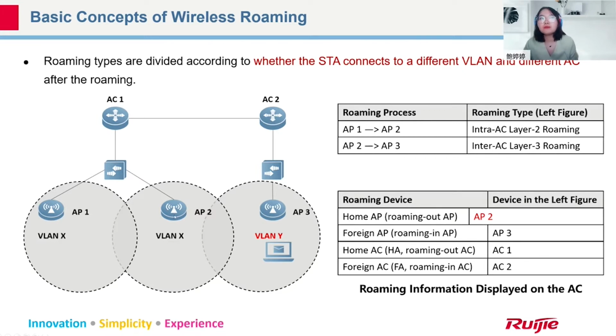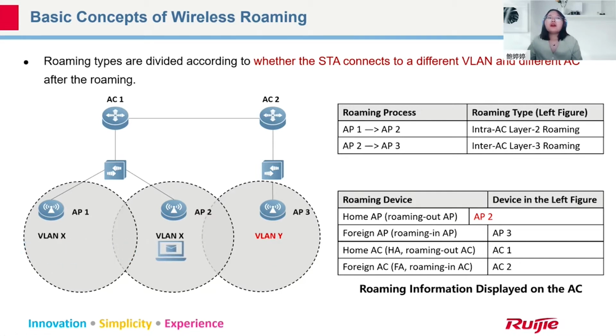This AP is AP2, not AP1, because in the first scenario we connected with the new device AP2. And the foreign AP, the roaming in AP, is AP3. And we also have the home AC, which we call roaming out AC, and the roaming in AC. They are AC1 and AC2, because now we connect with a different AC. This is the second scenario.